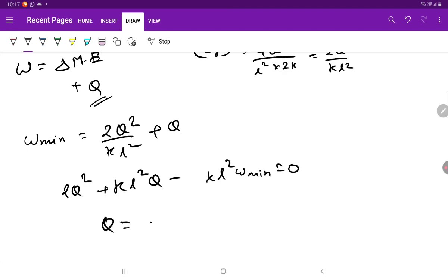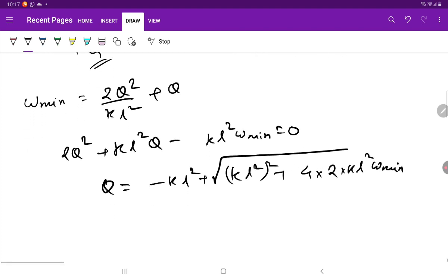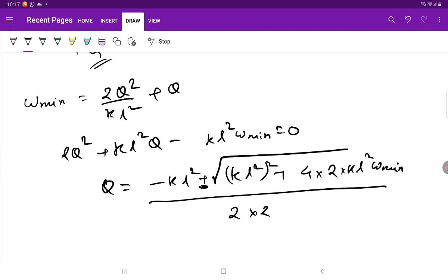So you can say Q is equal to minus kL square plus under root kL square whole square plus 4 into 2 into kL square W min, by 2 into 2, by Sridharacharya formula. Well, you will get a plus minus, but since we are considering the magnitude of Q, and we already assumed that Q is lost and took a positive sign, we'll keep a positive sign here.